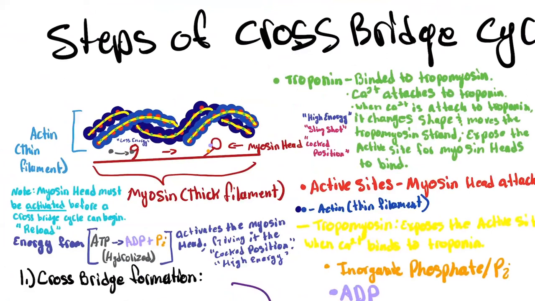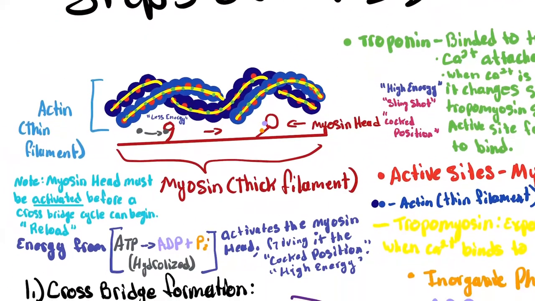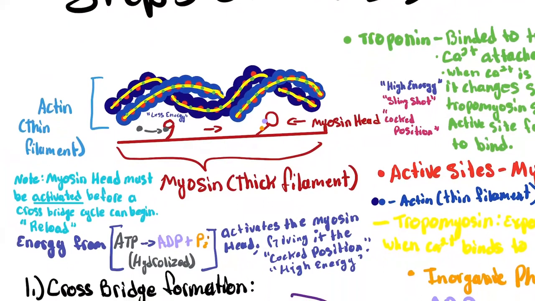First, the myosin head needs to have energy in order for it to slide the actin filament for contraction.